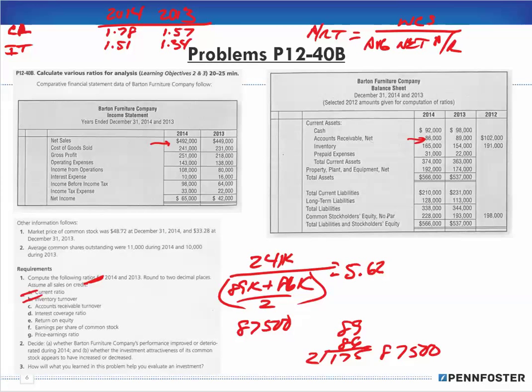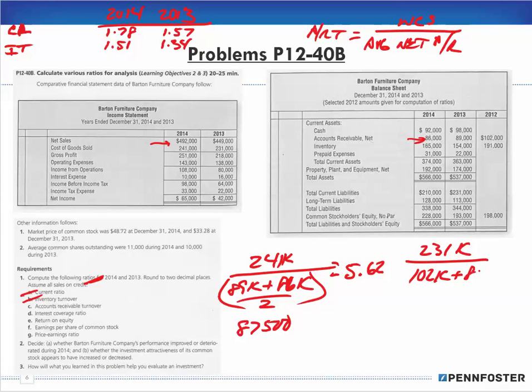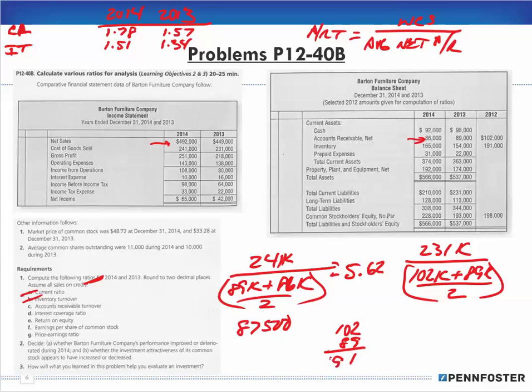And then we're doing the same thing again for 2013, taking the 231 and dividing it by 102 plus 89, divided by 2. So 102 and 89 is 191.